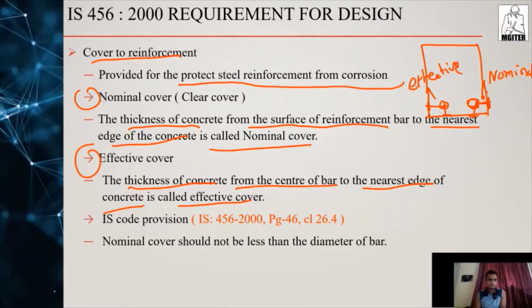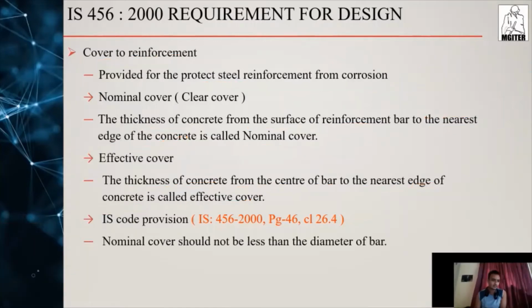Both definitions are so simple, you can understand easily. One is from the surface of reinforcement, second is from the center of bar. The nominal cover should not be less than the diameter of bar. These are IS code provisions. We can find it in IS 456 2000, page number 46, clause number 26.4.